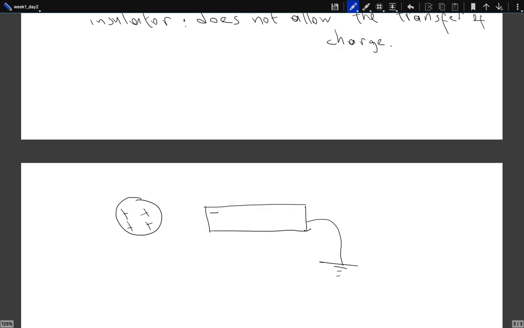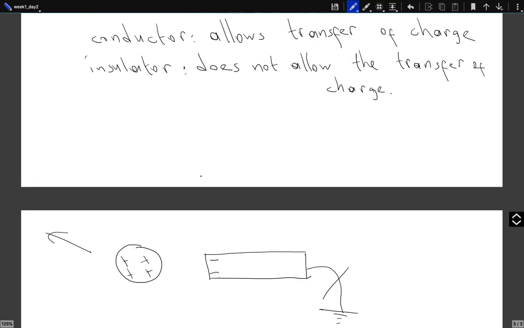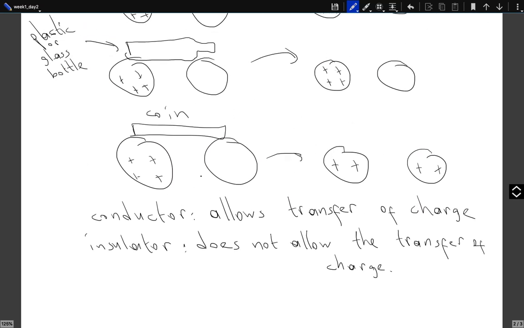You bring it close to this one, and connect the conductor with a wire to the ground, some water, humid place on Earth. Then you cut the connection to the ground, and remove the charged object, and at the end you would have a charged conductor, which happens to be negatively charged.